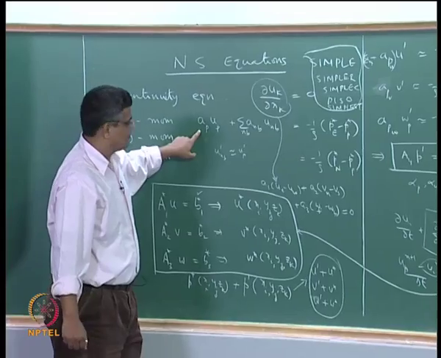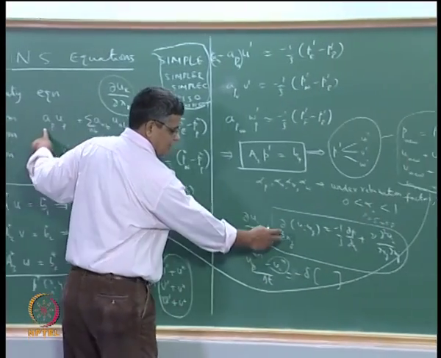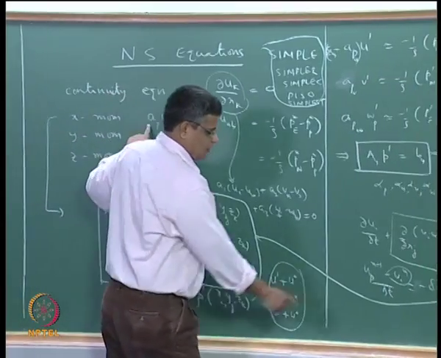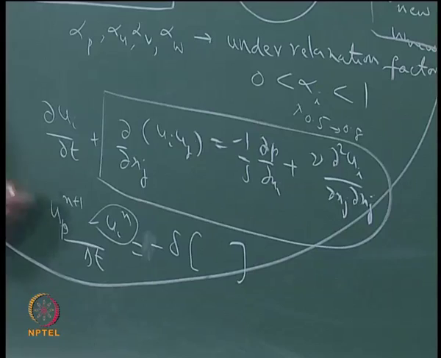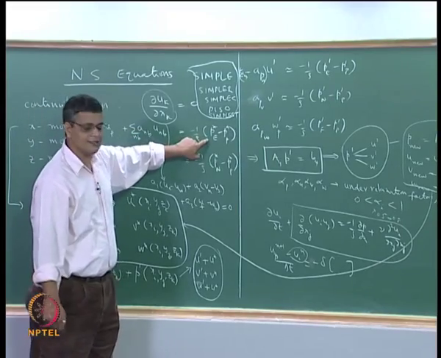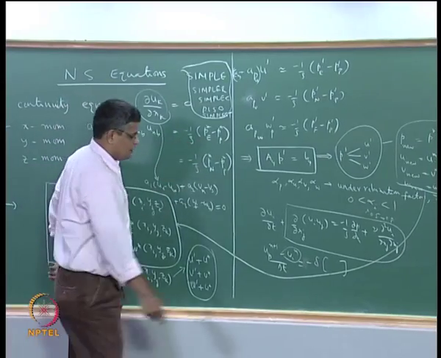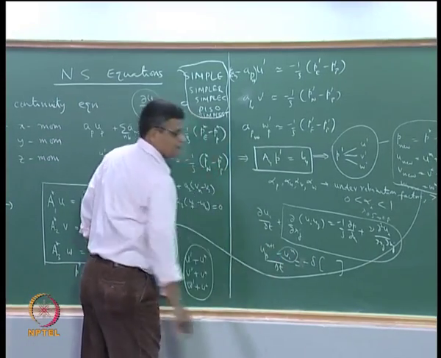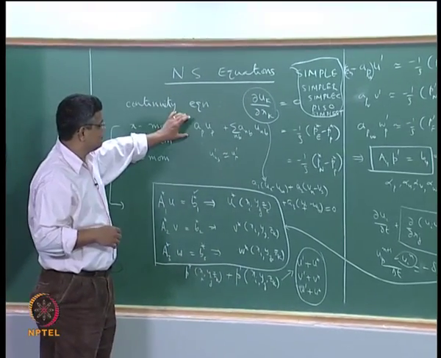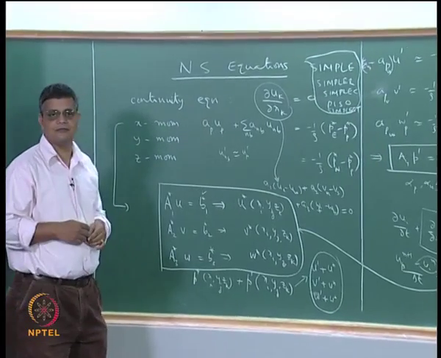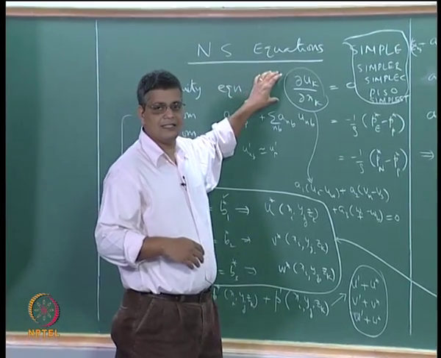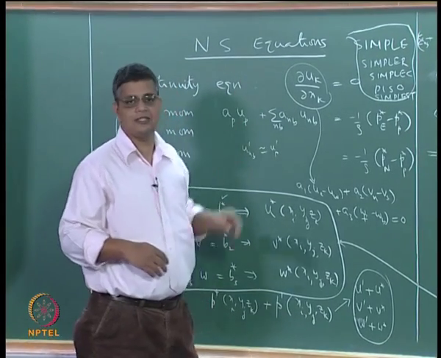The AP term will not only have contribution from the advection term and the diffusion term, it will also have a contribution from the unsteady term, and the right hand side will have contribution from the previous time step value at that particular point. So that is the only modification to the discretized form of the momentum equations. The continuity equation is exactly of the same form for steady and unsteady flows.